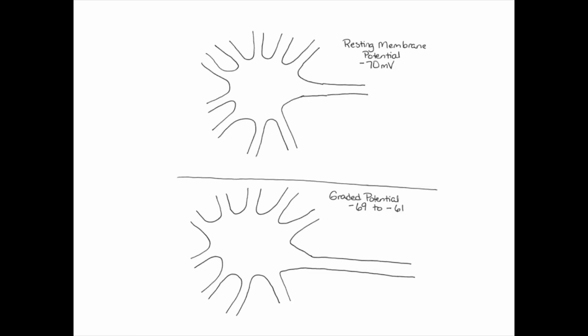So there must be things inside the cell that are making it more negative, and there must be more positive charges outside the cell in contrast, right? What we find on the inside of the neuron, in the resting membrane potential of negative 70 millivolts, is first of all, a lot of negatively charged proteins.